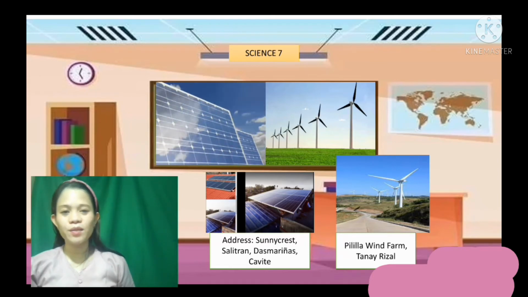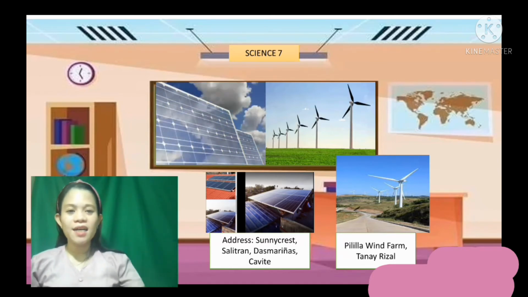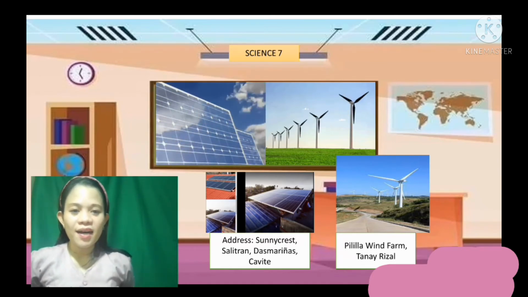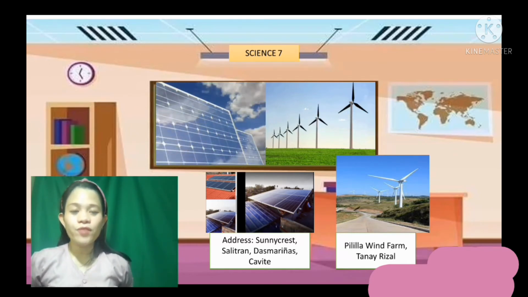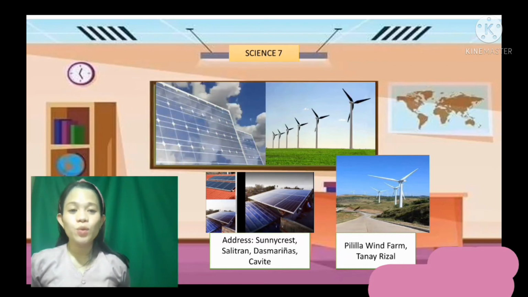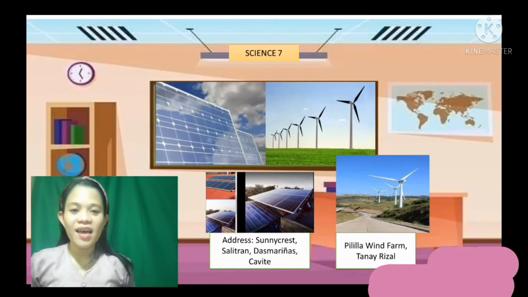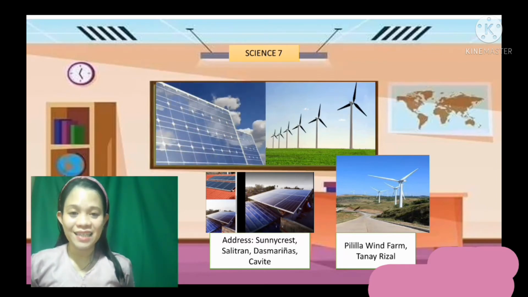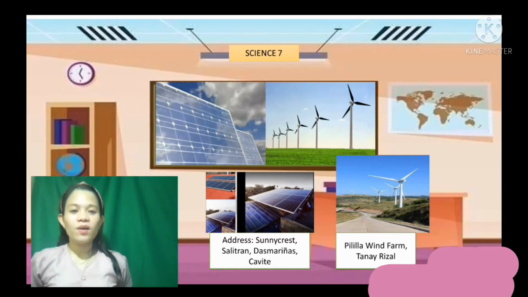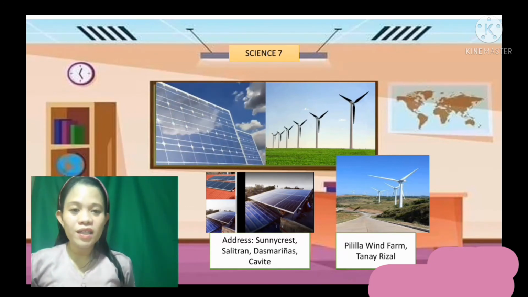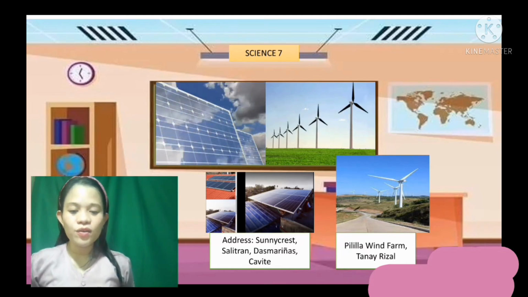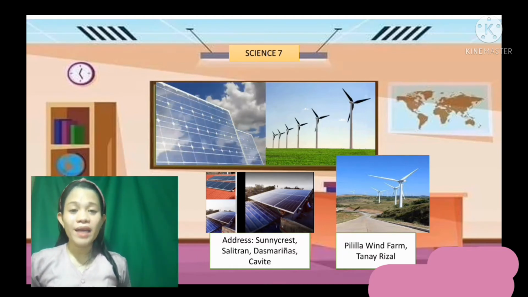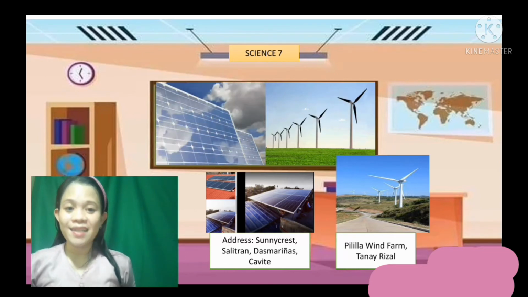Okay, kung nakikita niyo po, meron siyang parang hélice sa taas. Okay, so it is converts the wind energy into rotational energy or electricity. Okay, so yung kung nakikita niyo po dyan, yung sa taas, yung parang blade, so yun yung tinatawag na sails or blade or tinatawag na hélice.